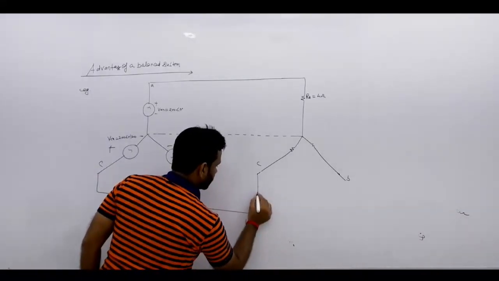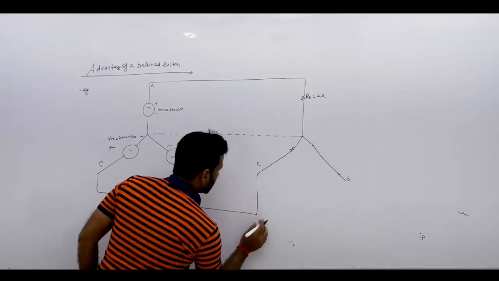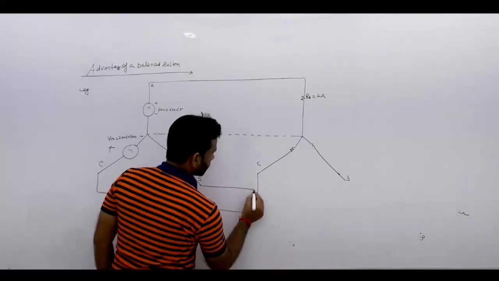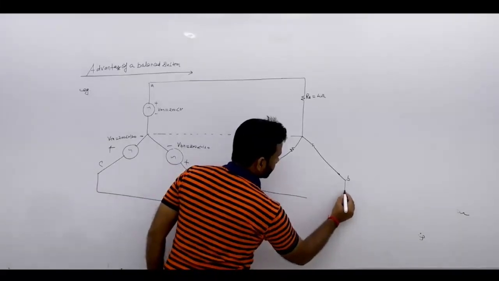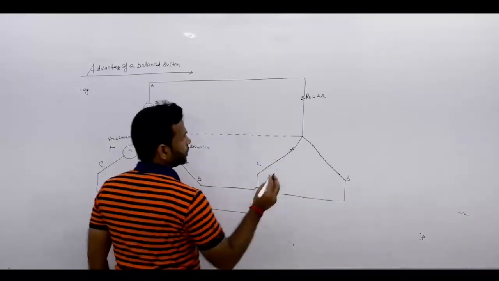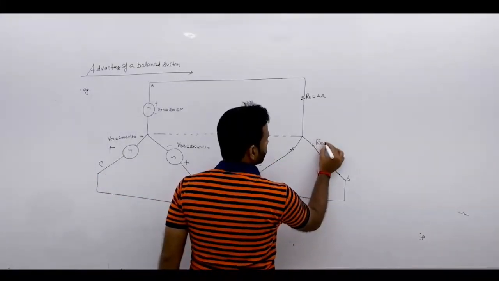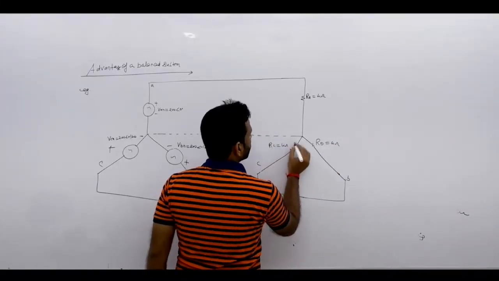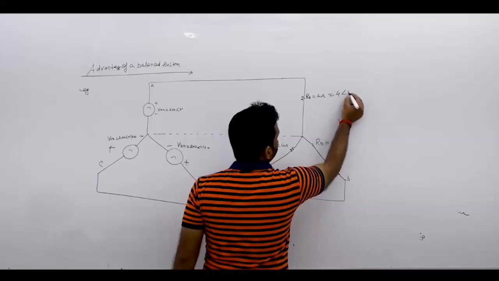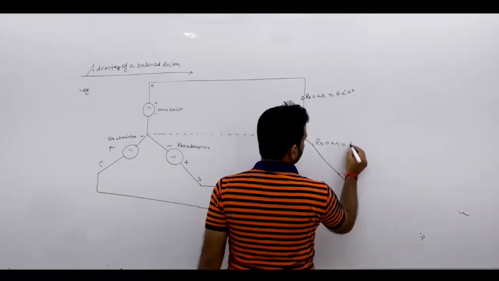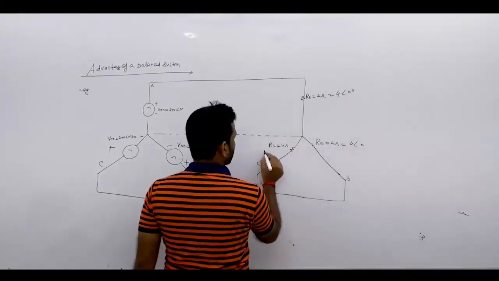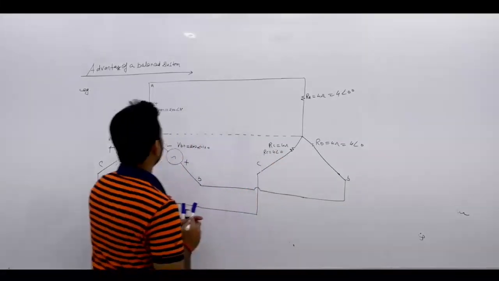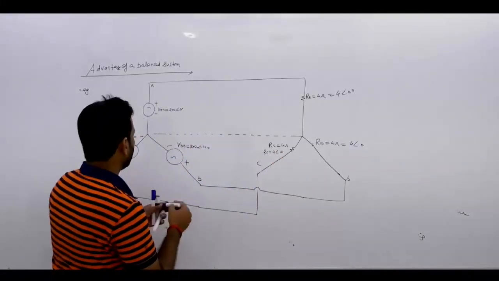C phase is connected with C phase, and B with B. Now RB is also 4 ohm and RC is also 4 ohm. I can represent it as 4 angle 0 degree, 4 angle 0 degree, and RC also 4 angle 0 degree.